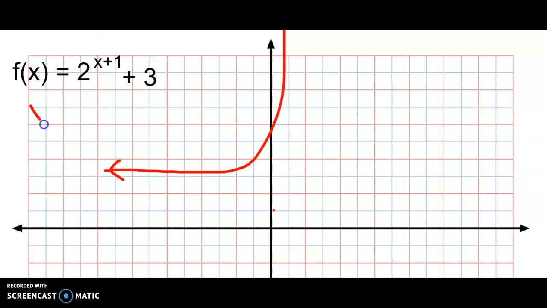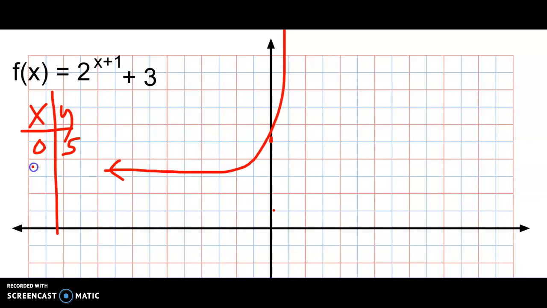So, of course, you would graph it on your graphing calculator, but it helps to know what it should look like. So then if maybe you typed something in wrong. I usually put 0 in first. 0 plus 1 is 1. 2 to the first is 2, plus 3 is 5. So 0, 1, 2, 3, 4, 5 is where I should be going through.